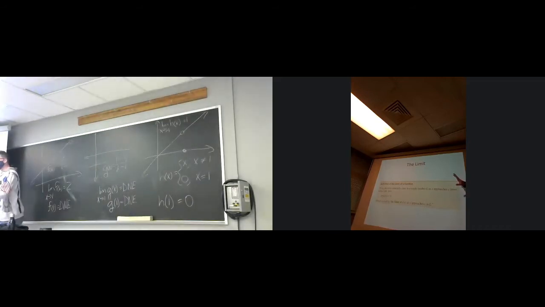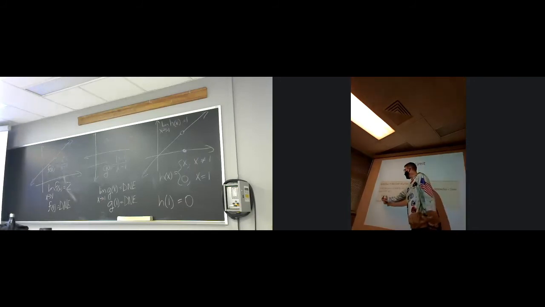This is just the first little bit of how we even state or read what this limit is talking about. This is the limit of f of x as x approaches C is L. And what it's really saying is we get arbitrarily close to L as x gets arbitrarily close to C. That's all that means.